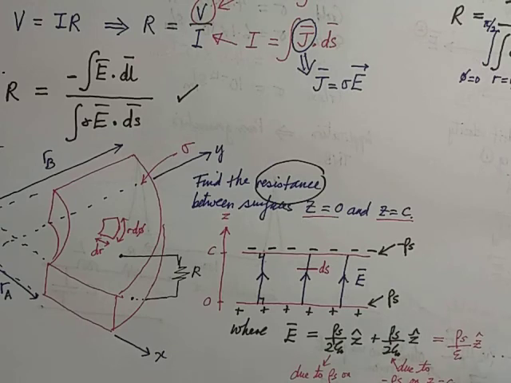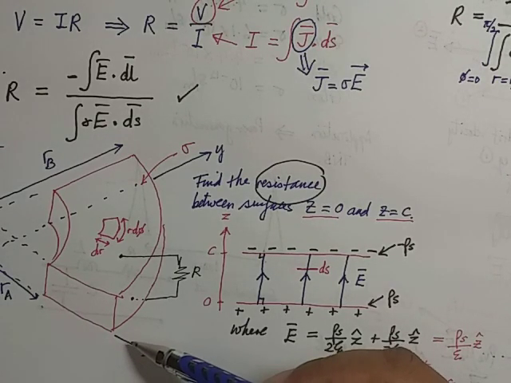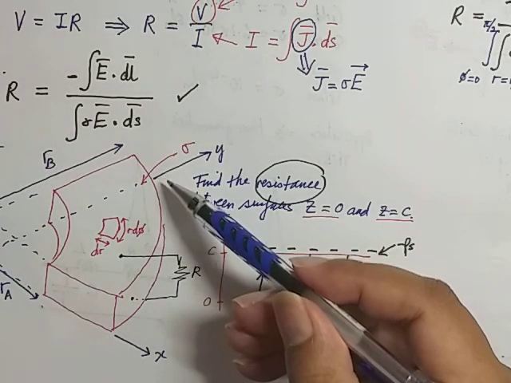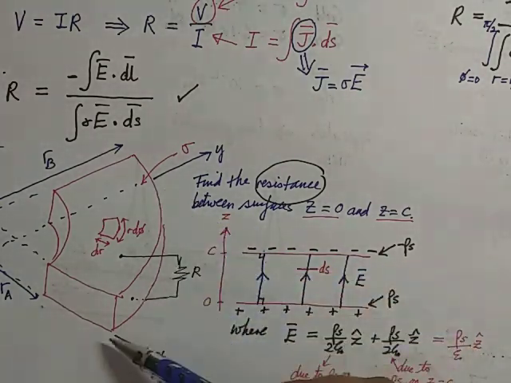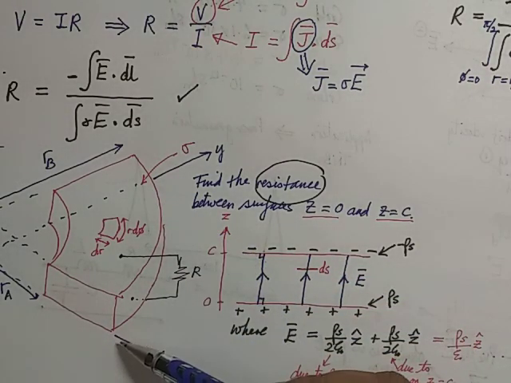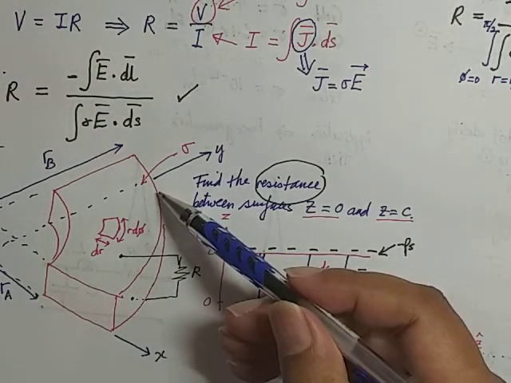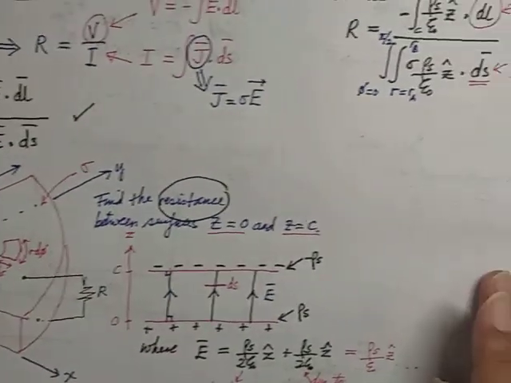Because our conductor material is extending from x equal to 0 into the y-axis. So it's extending from the x-axis to the y-axis. At the x-axis phi equals 0. At the y-axis phi equals 90 degrees, which is pi over 2.